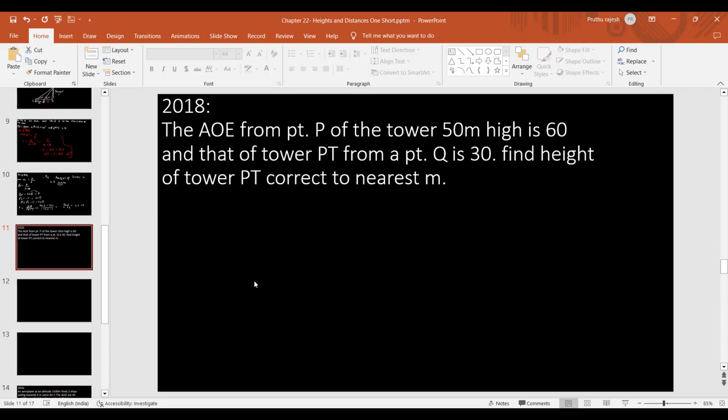So the height of the bigger tower QR is 50 meters, and that small tower PT is there, and from point Q the angle of elevation is 30 degrees.